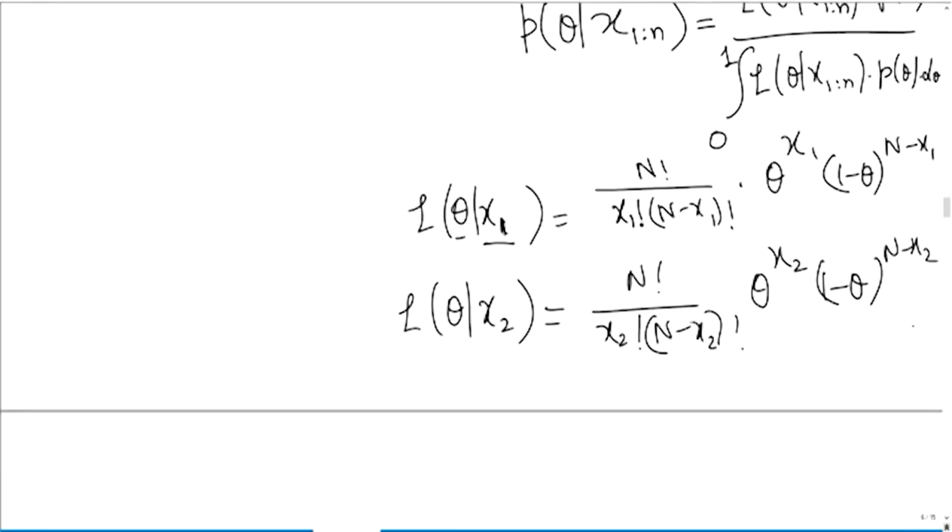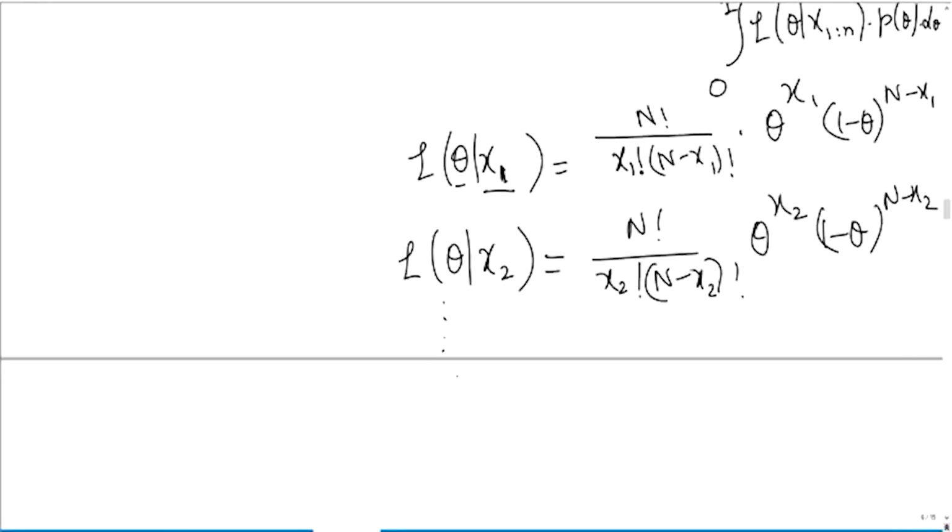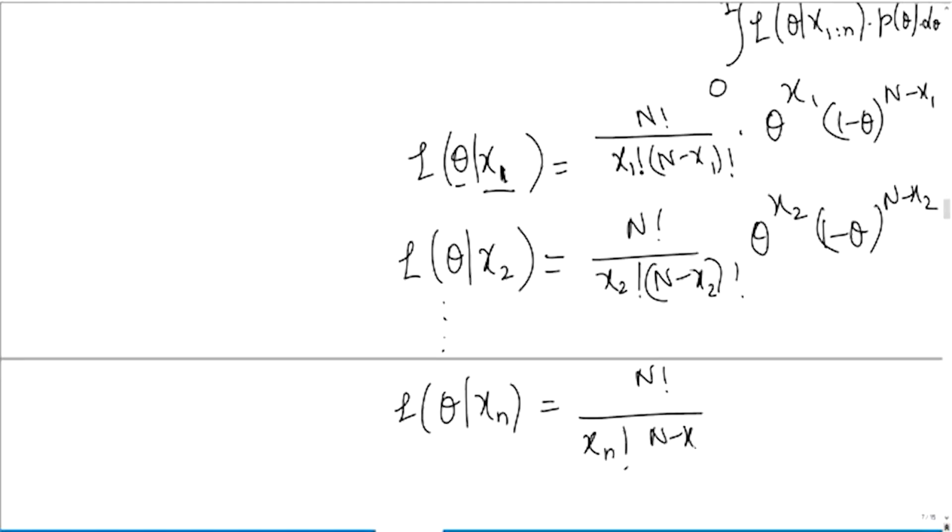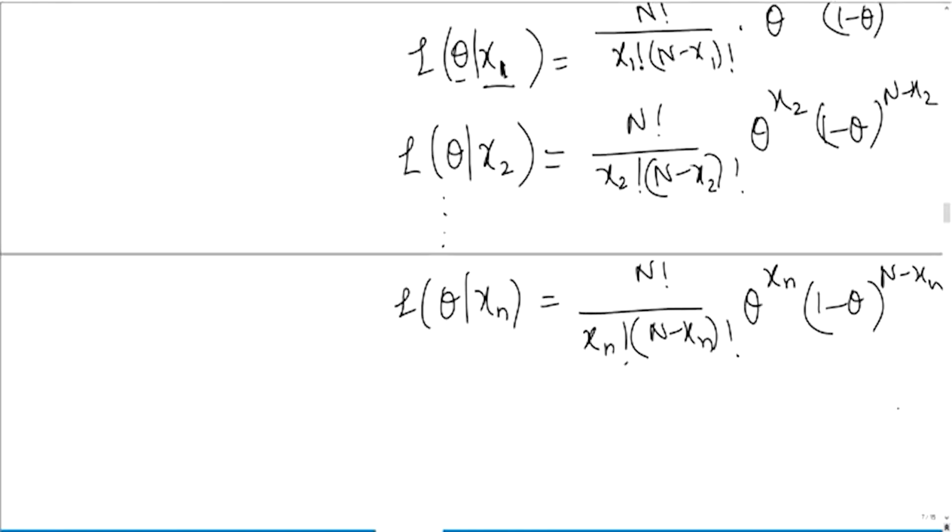If you do this up to L theta given xn, through all experiments, this would be N factorial divided by xn factorial, N minus xn factorial, theta to the power xn, 1 minus theta to the power N minus xn. xn is the number of successes in the nth experiment.